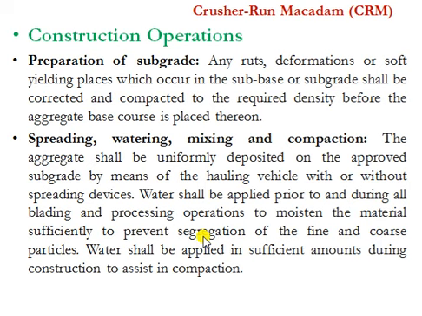The aggregates are brought from the quarry and dumped at one point, and there water is sprinkled on the aggregate, which is then spread evenly throughout the pavement surface. While spreading the aggregate also, water is sprinkled on the aggregates in order to prevent the segregation of coarse and fine aggregates.